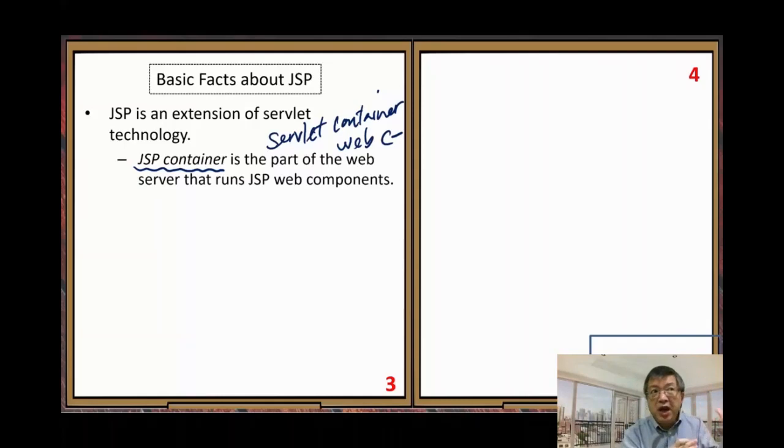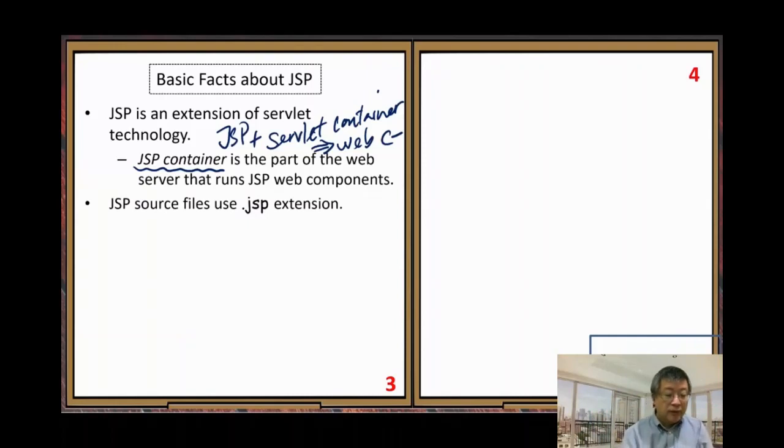So then we put the JSP container plus the servlet container together, and we get the Java web container. So next time when we talk about the Java web container, it includes the servlet container and a JSP container. All right, so that's the terminology.